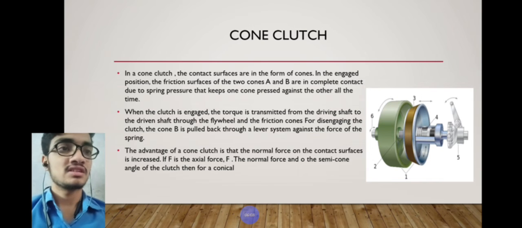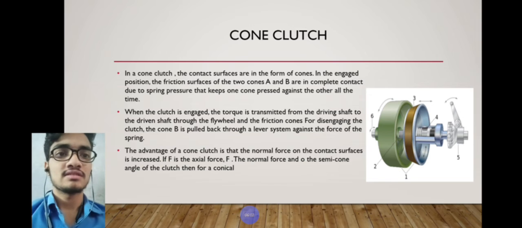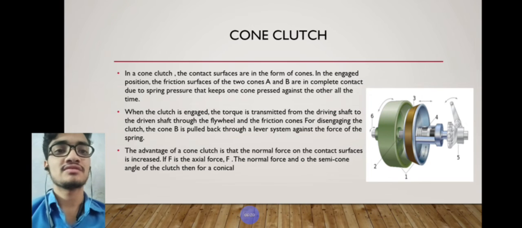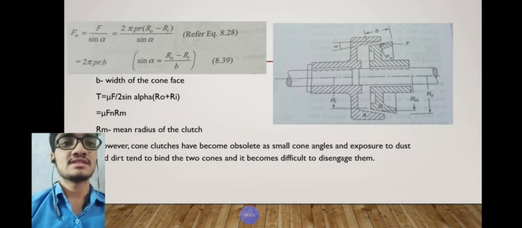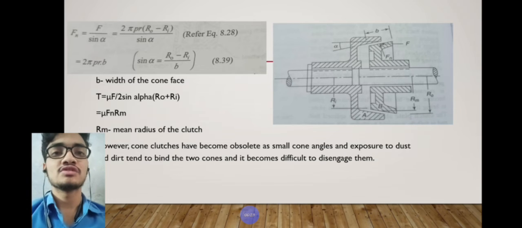You see here the contact surface is in the shape of a cone, and if you consider F as the axial force, the normal force, and alpha the semicone angle of the clutch, we can derive the equation: frictional force and normal force F1 is equal to F by sin alpha.